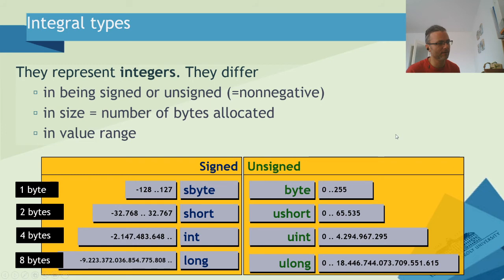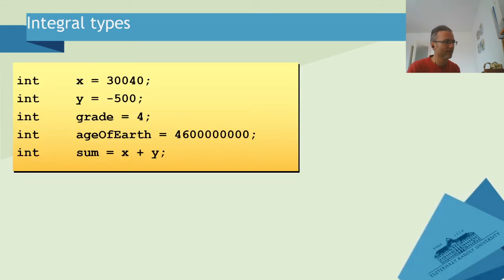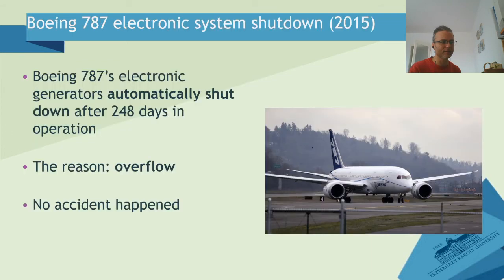Java does not have unsigned types, only signed types. You see, all the ranges start from a negative number. So in Java, you couldn't use an unsigned type, for example, for grades or the age of Earth, or inside the software of this airplane, which is stupid because if you start counting from 0 and increment something, you definitely don't need negative ranges.